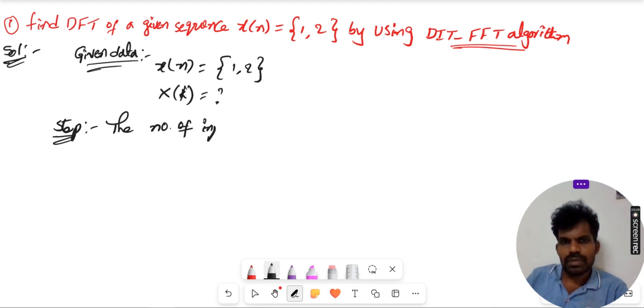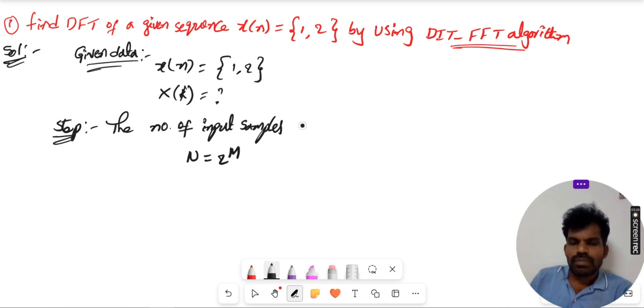N is equal to 2 power m, from which we are going to find out m.